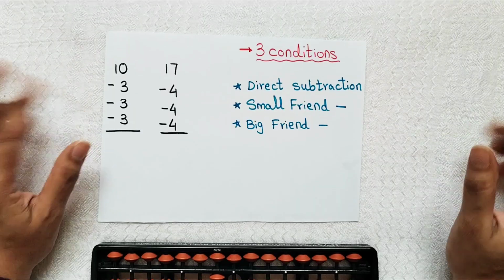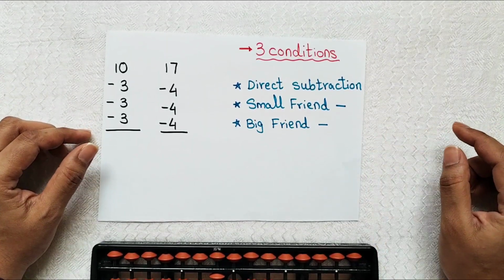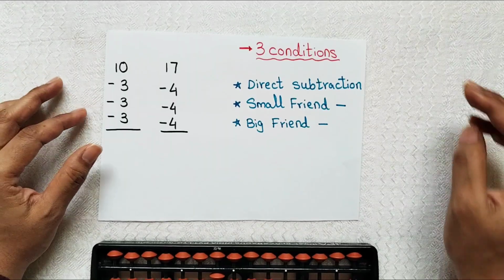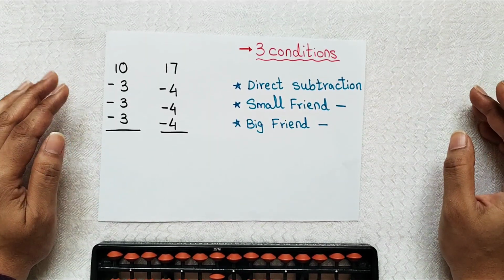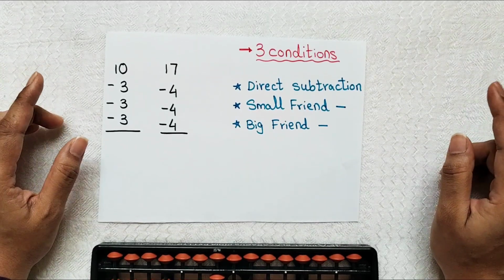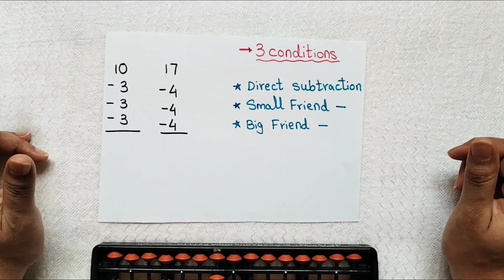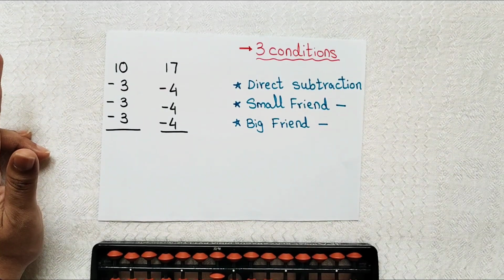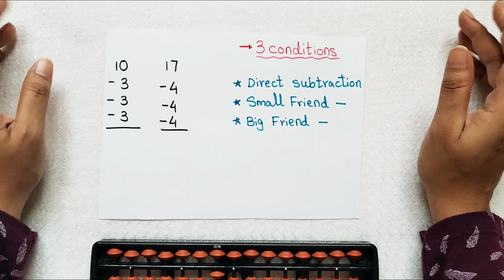If small friend subtraction is also not possible, then you have to go for big friend subtraction. So these are the three conditions you must remember when you are solving sums using your Abacus. So the first condition is direct subtraction, next is small friend, and then you have to go with the big friend subtraction formula.